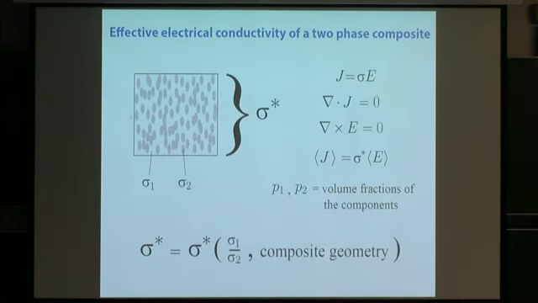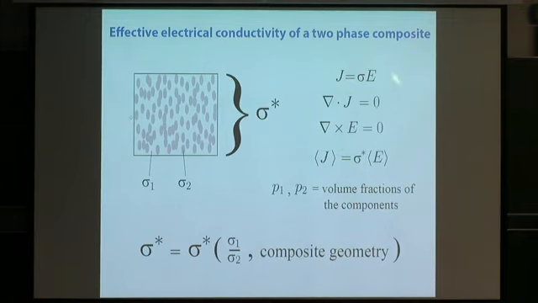Okay, now, just to give you a little bit of a sense of homogenization, of where this comes out, let's look at, and this is almost exactly the problem that Wen-Lu was looking at, the effective electrical conductivity of a two-phase composite, with local conductivities sigma 1 and sigma 2. Local constitutive law: the current is sigma, the conductivity, times the electric field. The current is divergence-free, the electric field is curl-free.